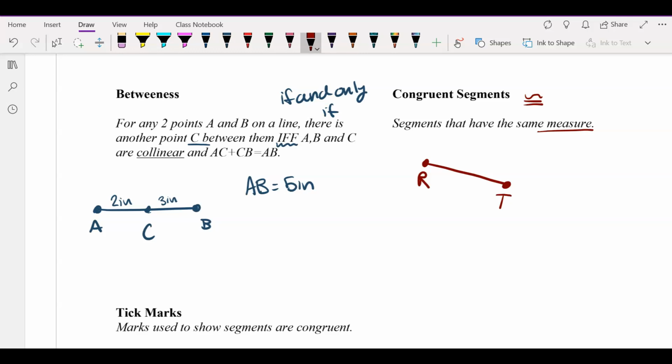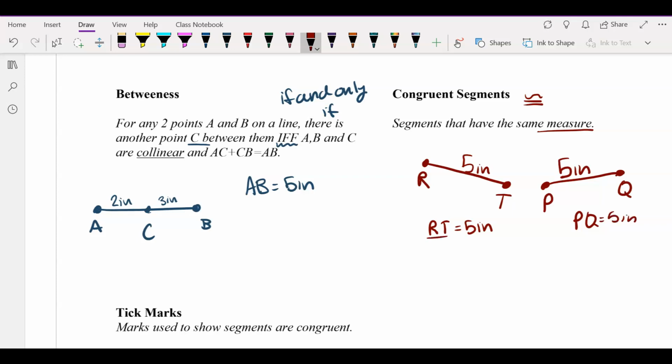So I'm going to do RT, and it has a distance of 5 inches. Then we have over here PQ, which has the distance of 5 inches. Well, we know that RT is equal to 5 inches. We also know that PQ is equal to 5 inches.